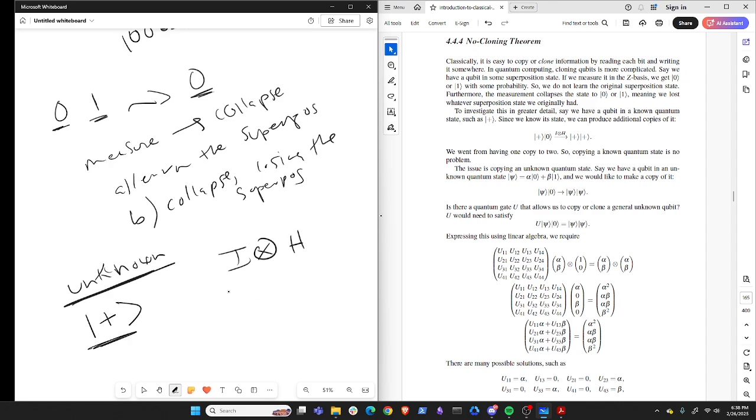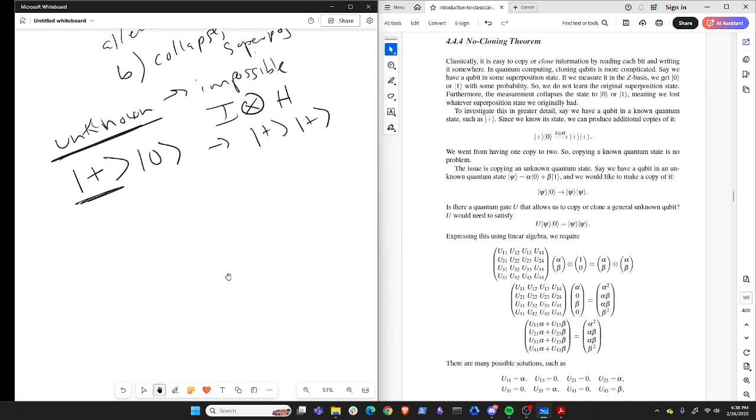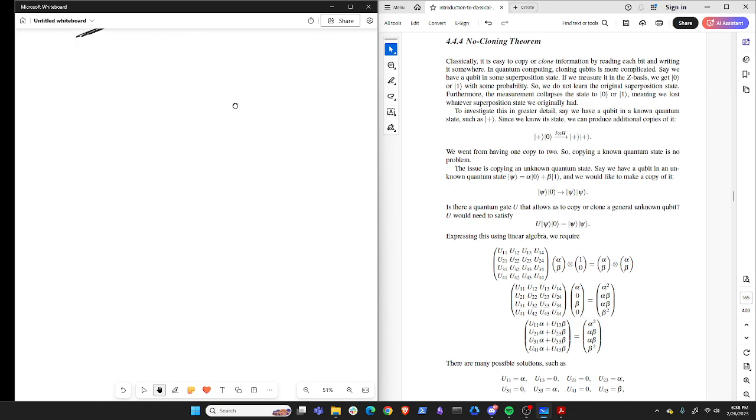We start off with a 0 second bit, and we would wind up with plus and plus. But if it's unknown, it's impossible, because we can't do it without observing it. And once we observe it, it changes it, and we have no way of recovering what it was before.